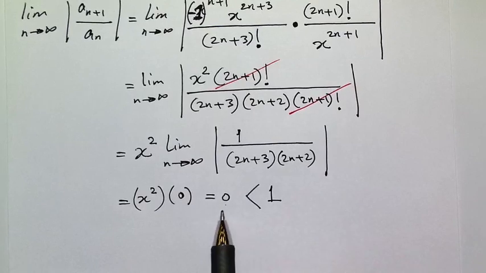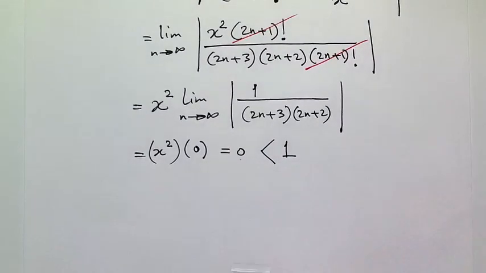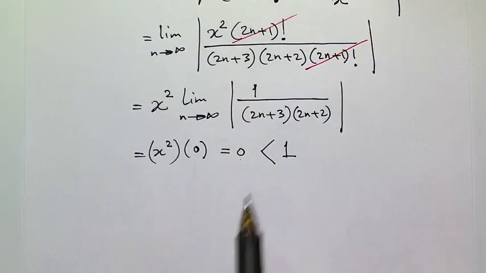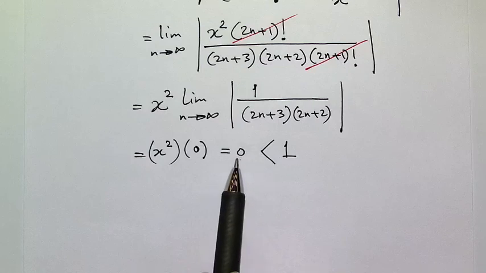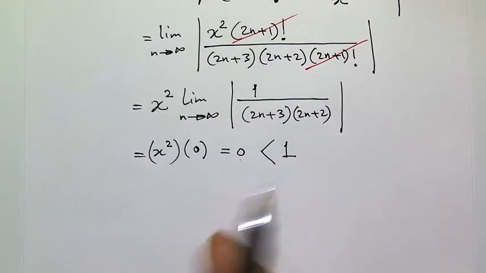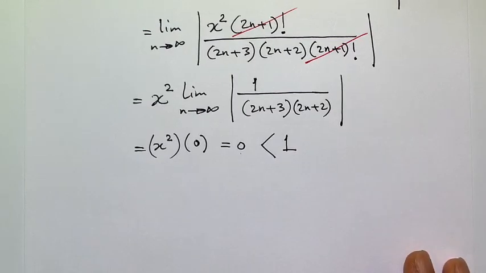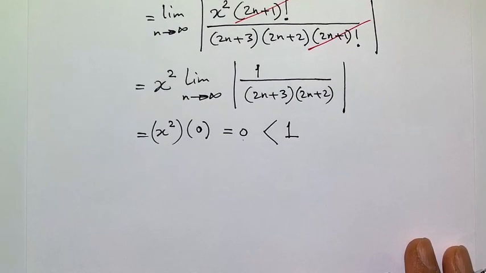So for all values of x. Right? Notice that x has been omitted in this result. So no matter what values of x we have, this result is valid. So we already know that the interval of convergence is going to be negative infinity to infinity.